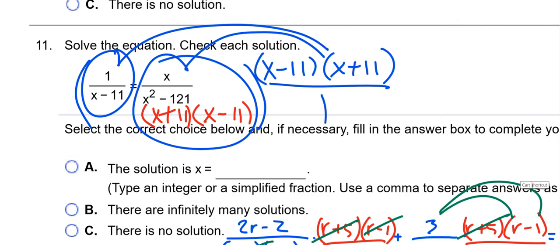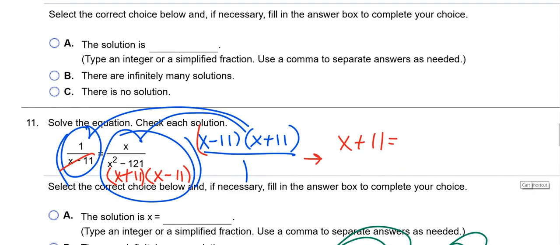Okay. So when you multiply times the first one, the x minus 11s cancel, leaving you x plus 11. All right, did I lose you? If you want me to, I'll write it out the other way, which we did before.